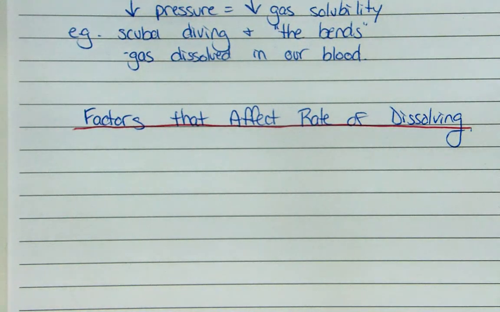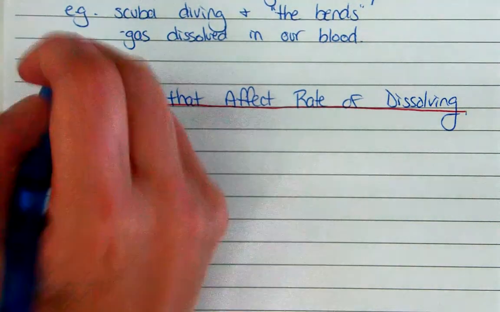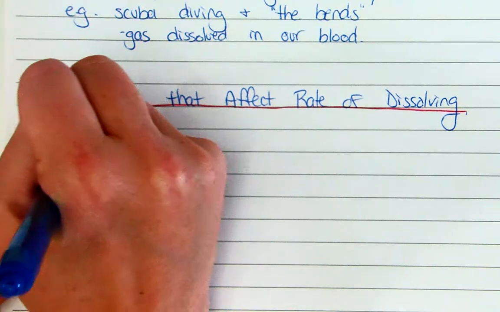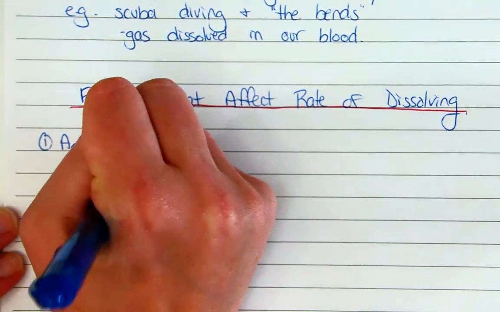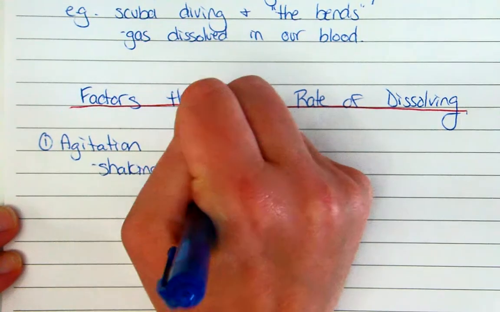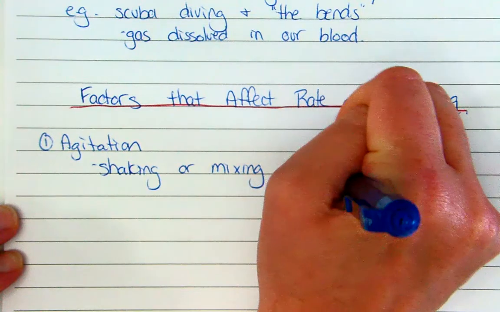Okay. So factors that affect rate of dissolving. This is a quick part. Number 1 is agitation. So this is shaking or mixing. And this increases collisions between particles.